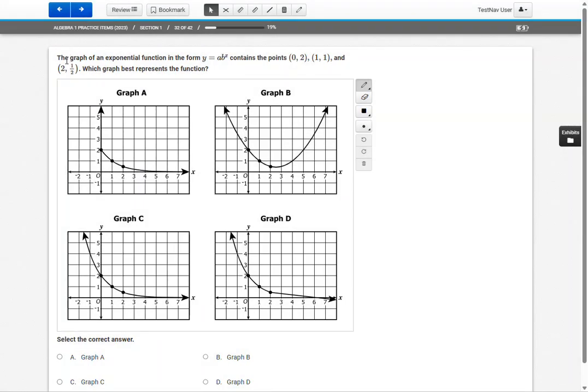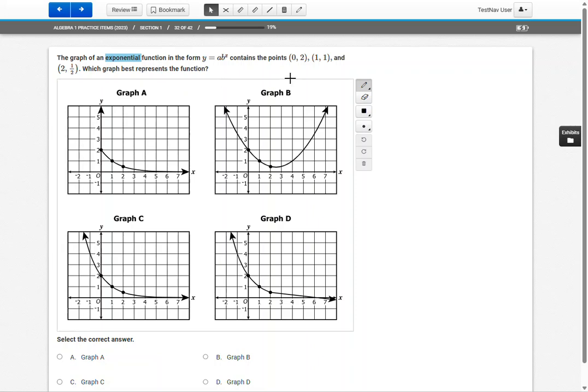Number 32. The graph of an exponential function, in the form y equals a times b to the x power, contains the points 0, 2, 1, 1, and 2, 1/2. Which is the best representation?